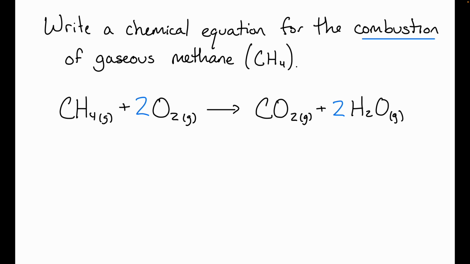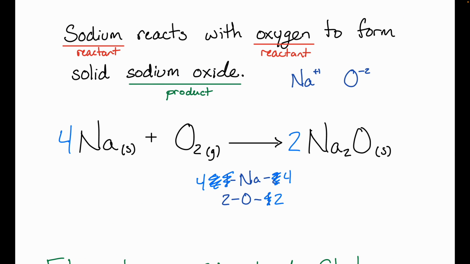Okay, so in the previous examples that we did, when we were turning this sort of description of a reaction into a chemical formula, you were told what the reactants and the products were, right? Sodium reacts with oxygen to form solid sodium oxide.